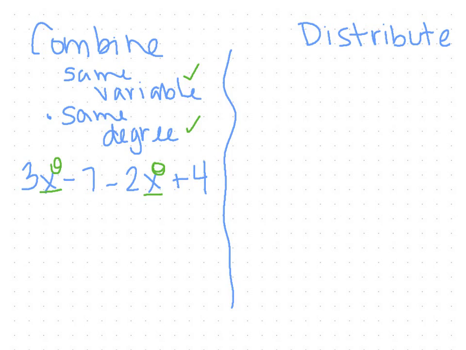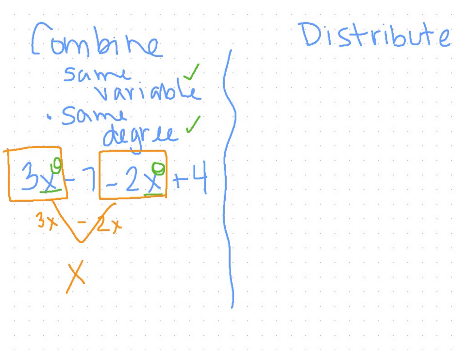So when we combine, we are going to circle, underline, somehow indicate the ones we're going to combine. So I'm going to combine 3x with the 2x, but we need to always look in front, and there is a minus. So it's really 3x minus 2x. Well, 3 minus 2 is 1, so that just leaves me with x. And then I'm going to combine my numbers.